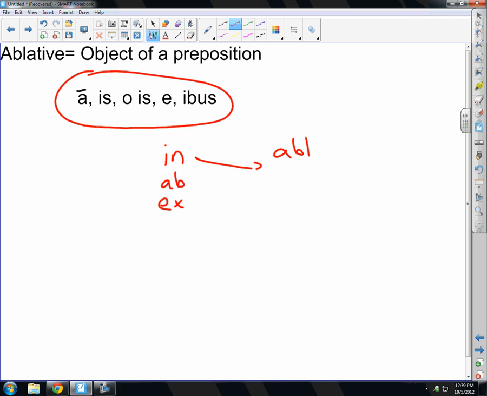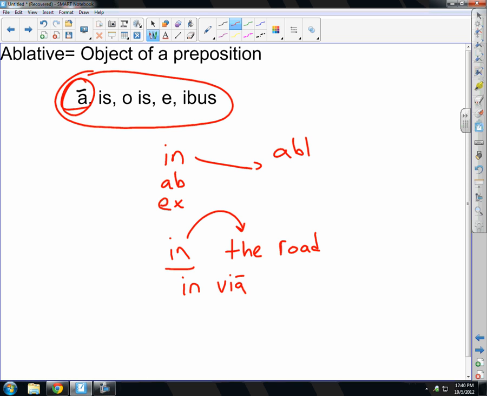And remember, object of a preposition is just the noun that follows the preposition. So in what? In the road. In this case, road is the object of that preposition. I would translate it as in, we are with a macron. Again, giving it an ablative ending.